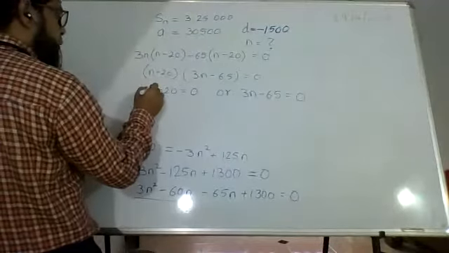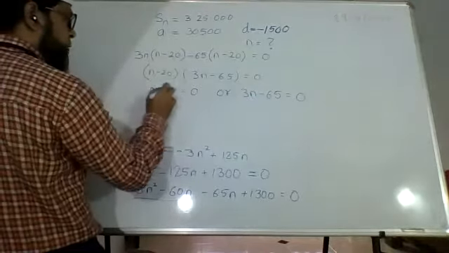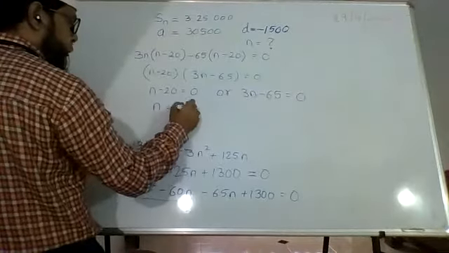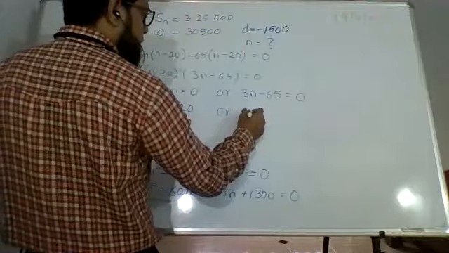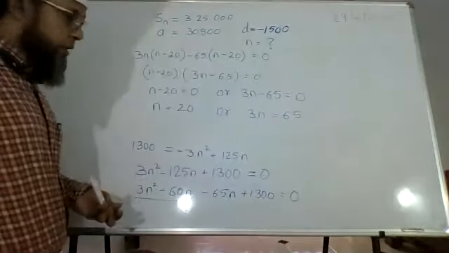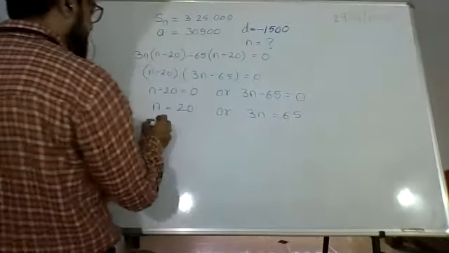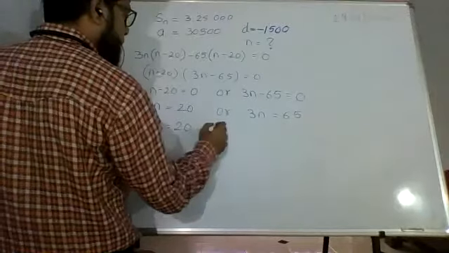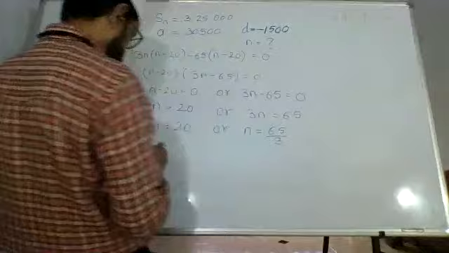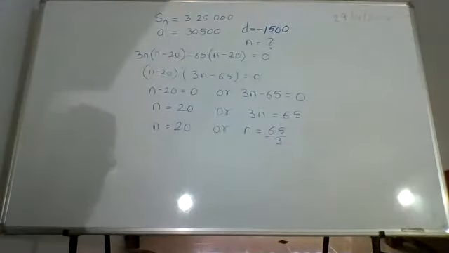Shift this minus 20 this side, it will become plus 20. n equals 20 or 3n equals 65. n equals 20 or n equals 65 upon 3.